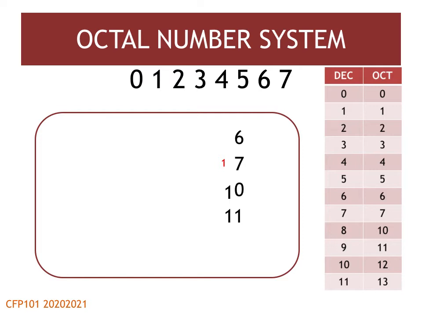So how do we make sure that we know if it's a decimal number or an octal number? So we add a base number to your octal number. So in this case, you have 532 base 8 or 2770 base 8. They're not equivalent to 532 in decimal or 2770 in decimal.